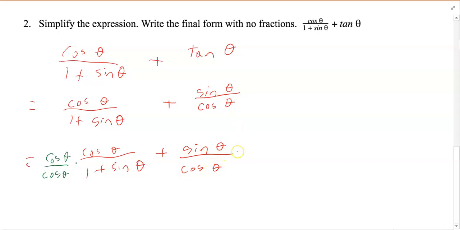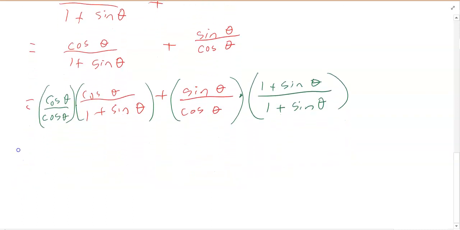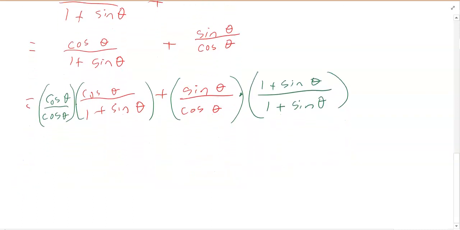Then on this side, we multiply by the denominator of whatever was on the left side, so that's going to be 1 plus sine of theta over 1 plus sine of theta. So we multiply straight across. So we're expanding this expression, right?